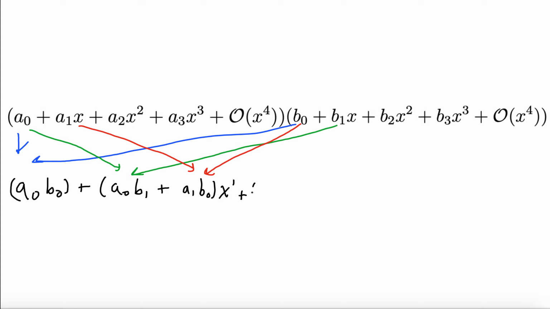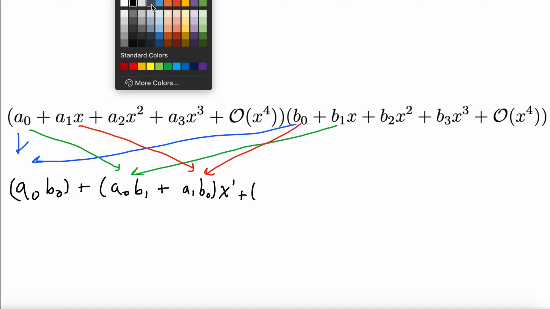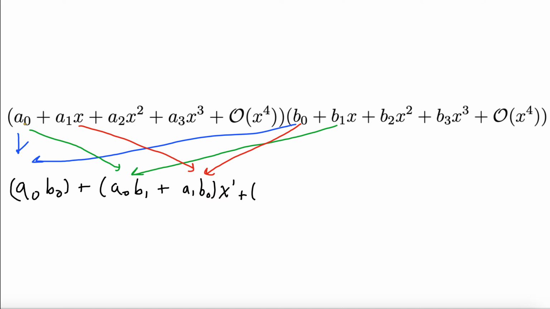Then you have the x squared terms. So for example, the first thing you can start with is a naught and b2x squared, because we're on square terms. So you have a naught b2, which is going to have an x squared next to it. Then the other x squared terms we can have, well, we can multiply a1x to the first power by b1x to the first power.